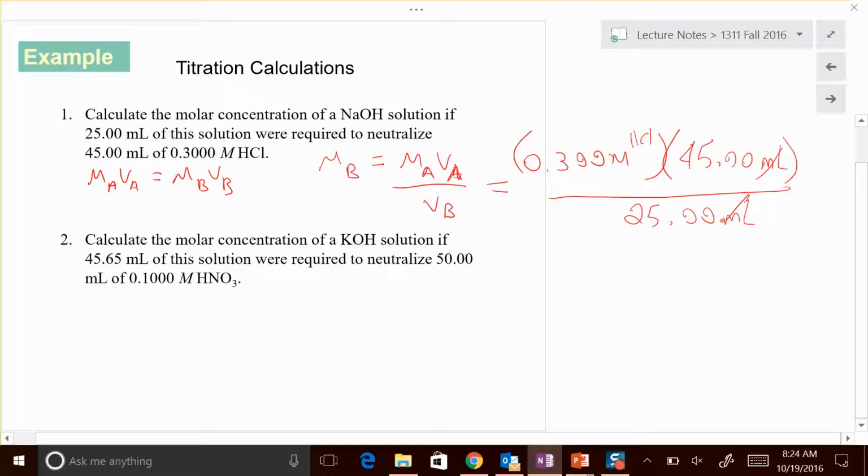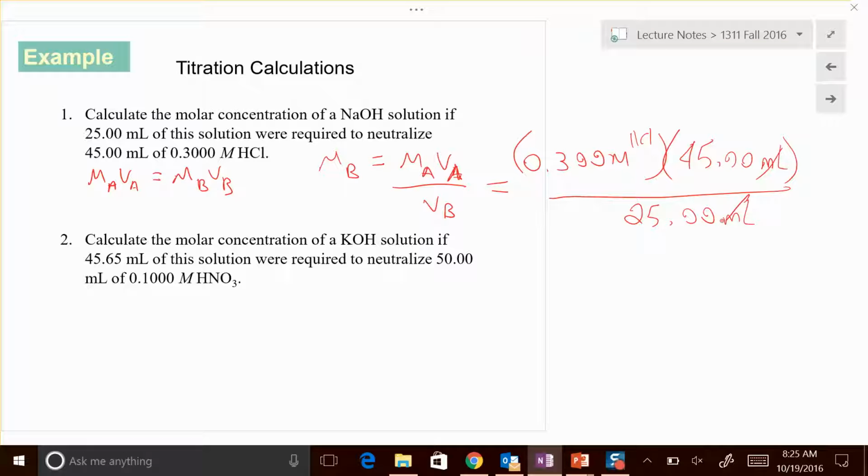You see how the milliliters cancel, so it doesn't matter. If I had changed that to liters, I would get the exact same answer, because it's the ratio. 45 divided by 25 is the same as 0.045 divided by 0.025, which would be the liter amount. So it's the same.